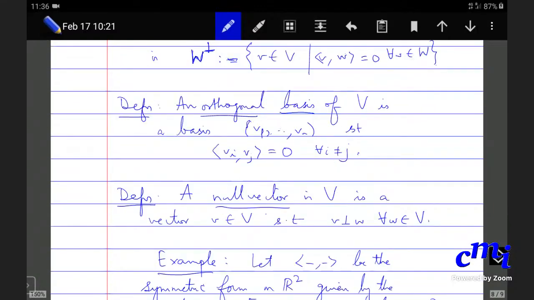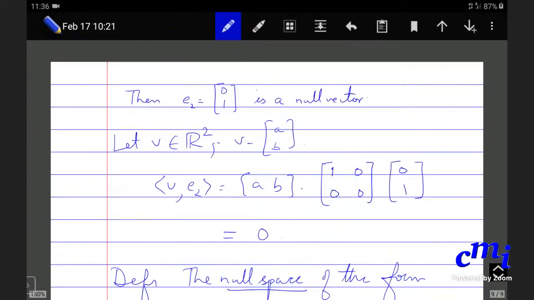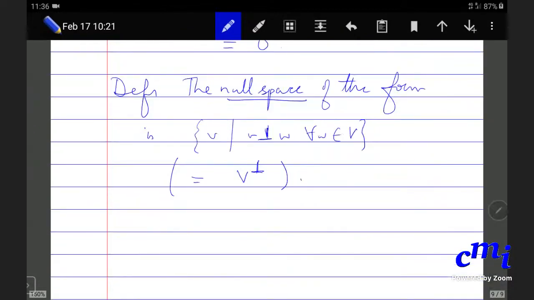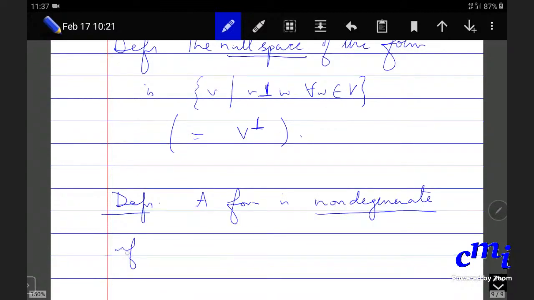Sorry, I have to give this barrage of definitions. Definition. A form, when I say form, I mean the symmetric or Hermitian form, is non-degenerate if its null space is trivial, it's just 0.